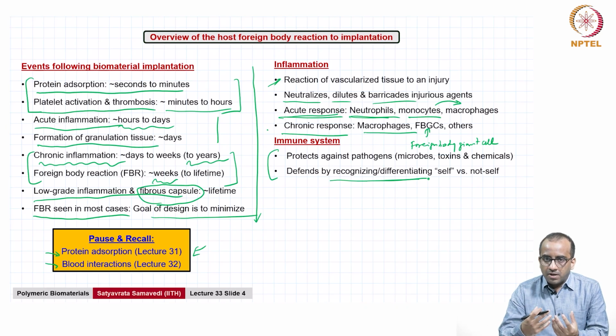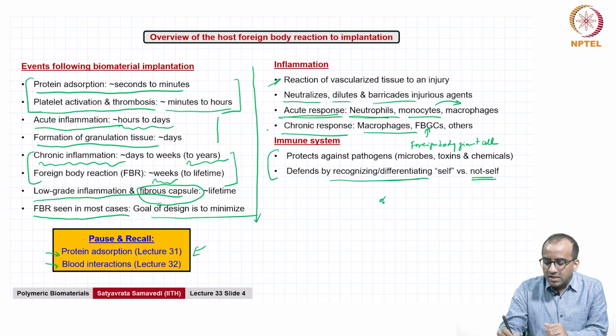So, there are markers on cells within our body that tell the immune system, look, these are my own cells, please don't attack them. And when that gets disrupted, one can end up having autoimmune diseases where the body starts to attack itself. And you can also have not-self markers, markers that are not found on the human cell, which the human immune cell will perceive as being not self.